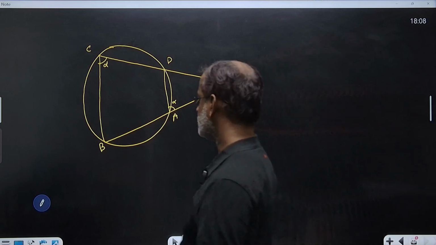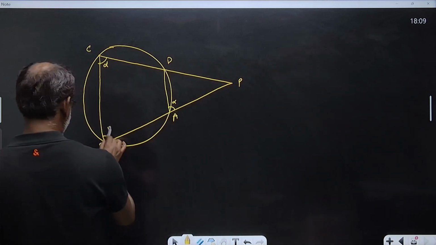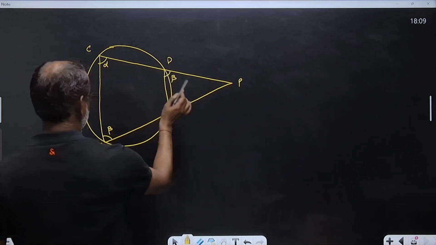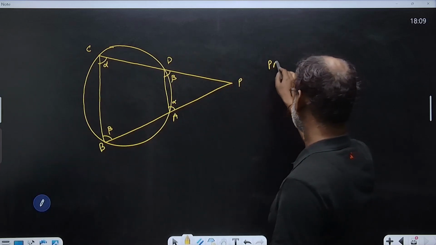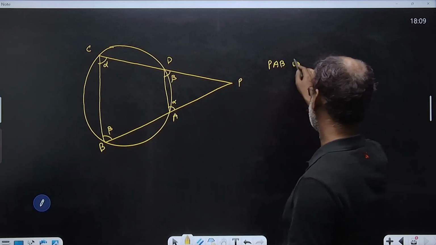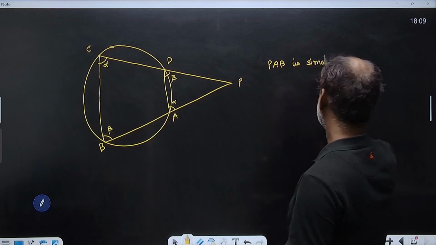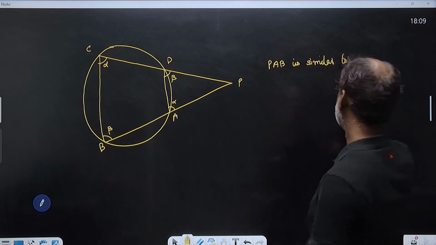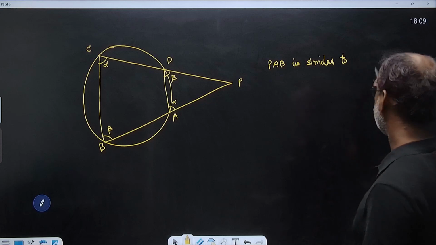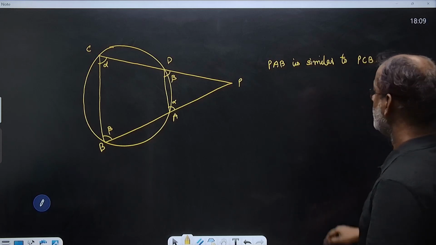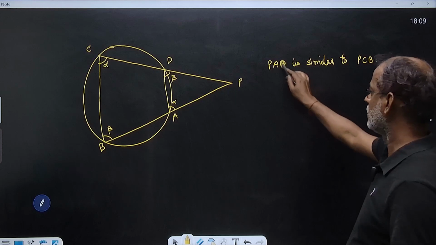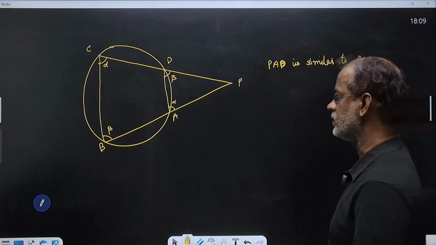Okay. Similarly, if this is beta, this is beta. Again, triangles PAB is similar to PCB, PAD, sorry, is similar to PCB.